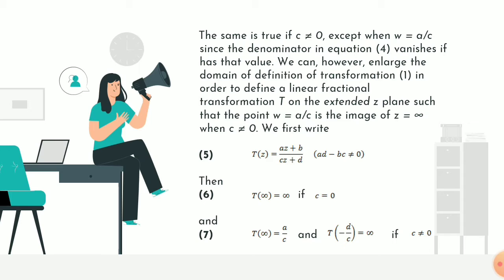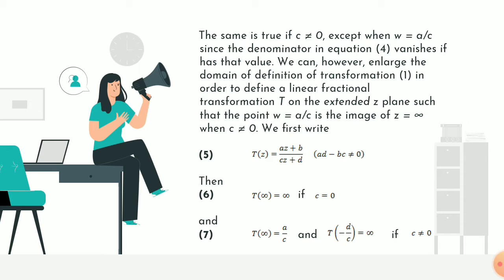We can, however, enlarge the domain of definition of transformation 1 in order to define a linear fractional transformation T on the extended Z plane, such that the point W = A/C is the image of Z equal to infinity when C is not equal to 0.